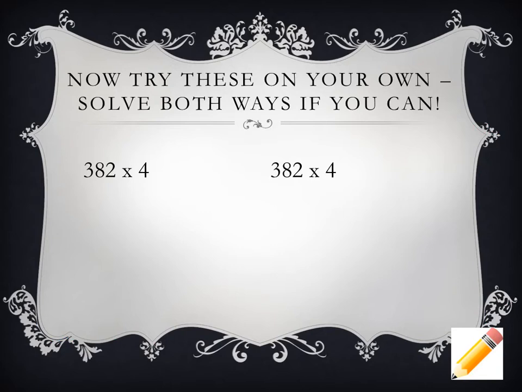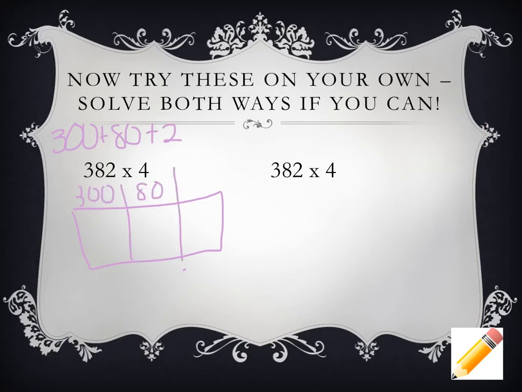For expanded form on the problem 382 times 4, 382 is 300 plus 80 plus 2. I'm going to multiply each of those by 4. Using a model, I do 300, 80, and 2, and I show my 4 on the side.